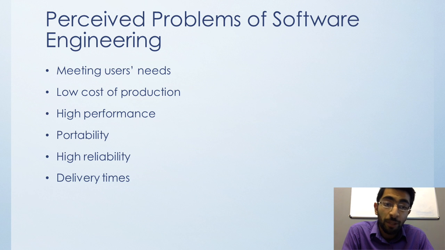Each goal is considered to be a problem because software engineering is generally unsuccessful at reaching them. We will, during the course of these lectures, take a look at these goals in turn. And then later on we will try to combine them and come to a conclusion on the matters.